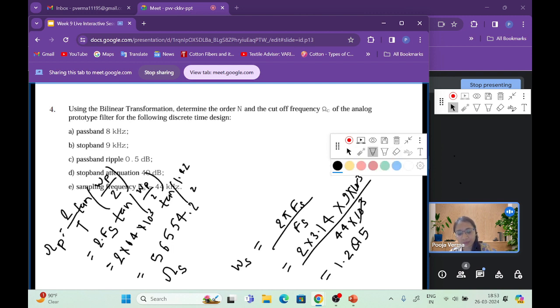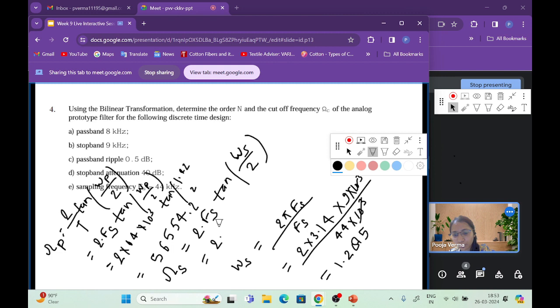Okay, that omega s will be required. So from here we can also get 2 into fs, tan omega s divided by 2.